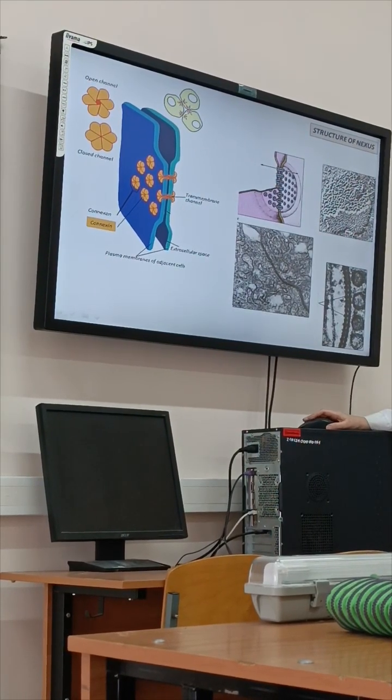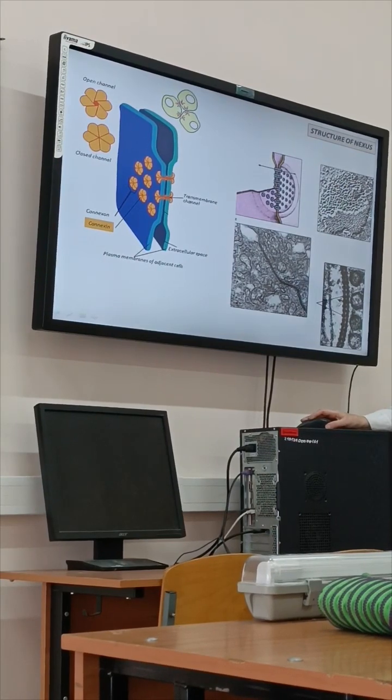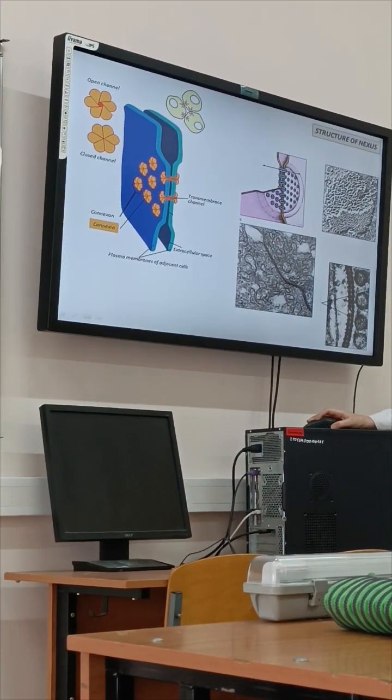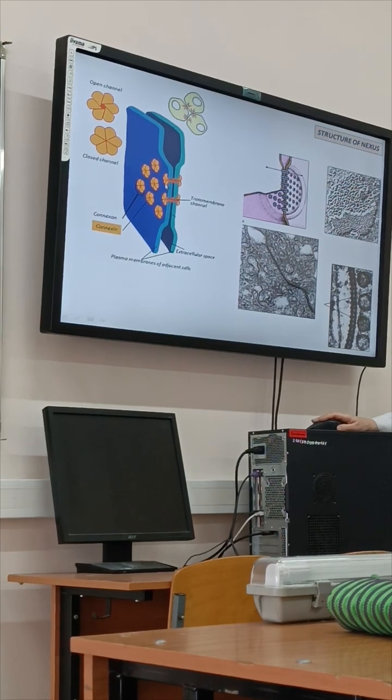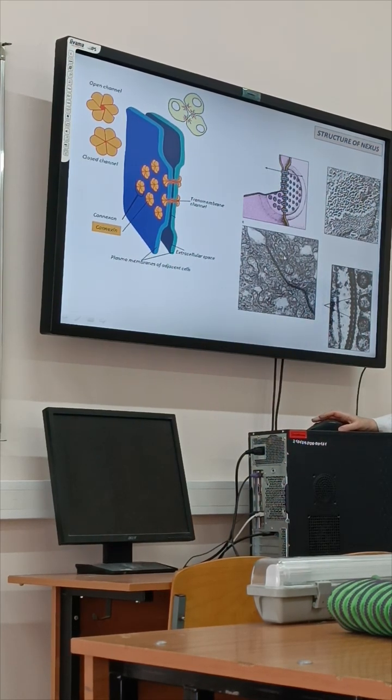At very high magnification of the electron microscope, we can see the two membranes of adjacent cells situated very close to each other, as in tight junction, and we can see cross bridges that correspond to these proteins. But sometimes at low magnification it looks like tight junction. That's why we can identify which is communicating junction and which is tight junction only according to position.